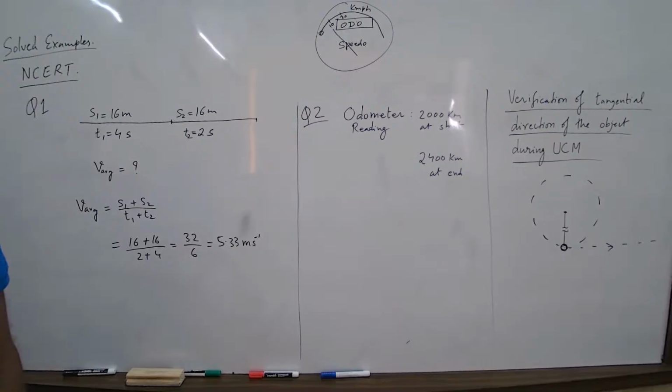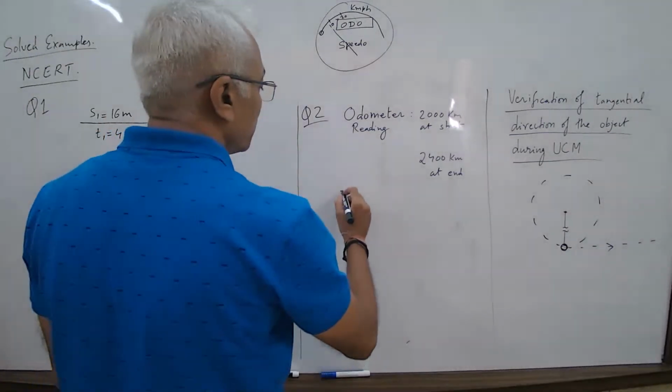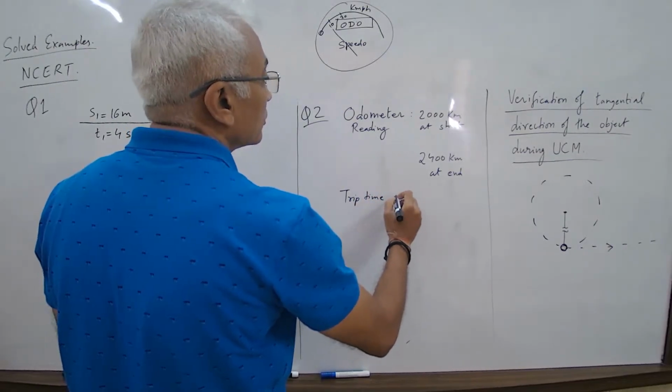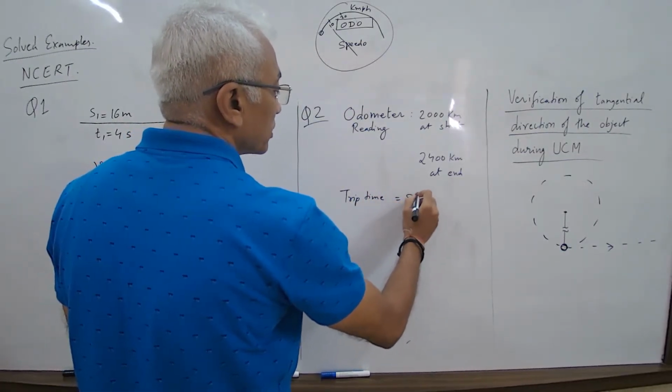If the trip took 8 hours, trip time equal to 8 hours. This is given.